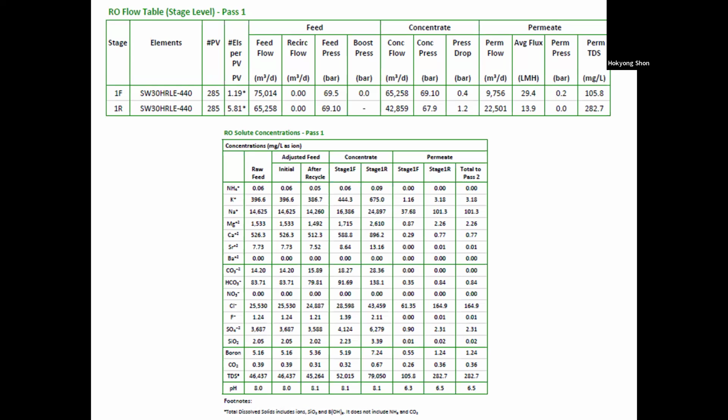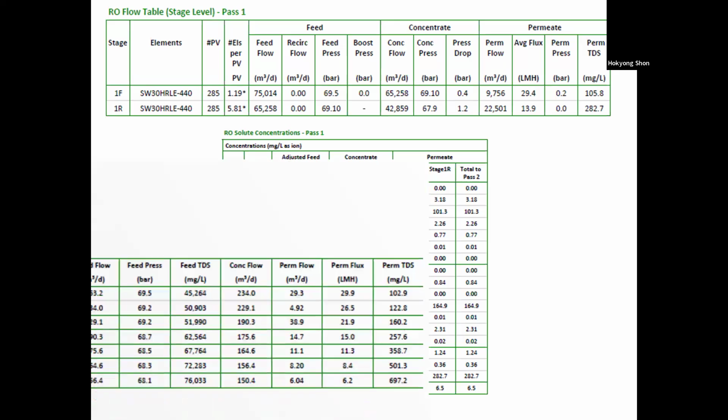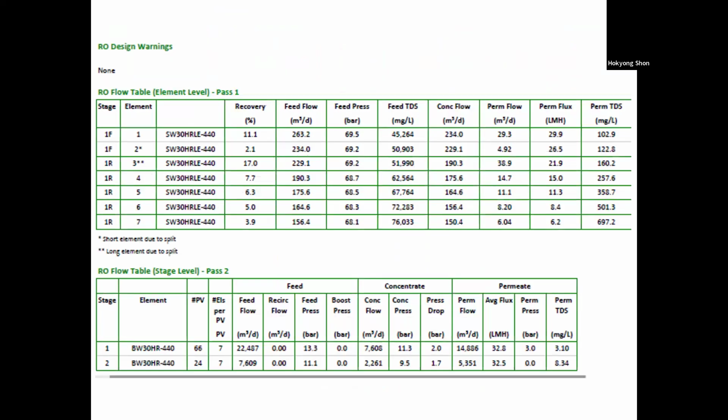So in fact, I utilized the pH. I didn't change it here, right? But in real conditions, you change the pH, adjust the pH to 6, and then you can also have different information and permeate quality in your summarized report. And this is the design only.